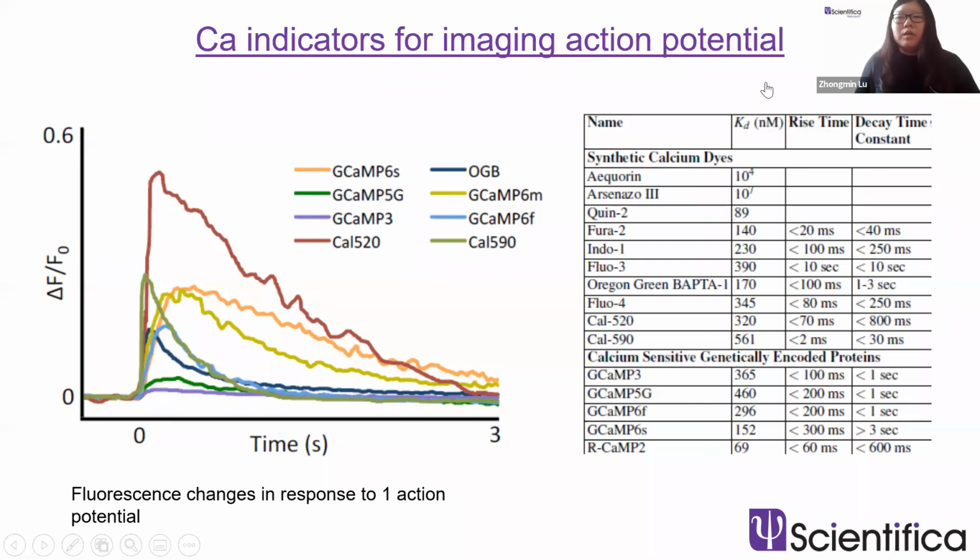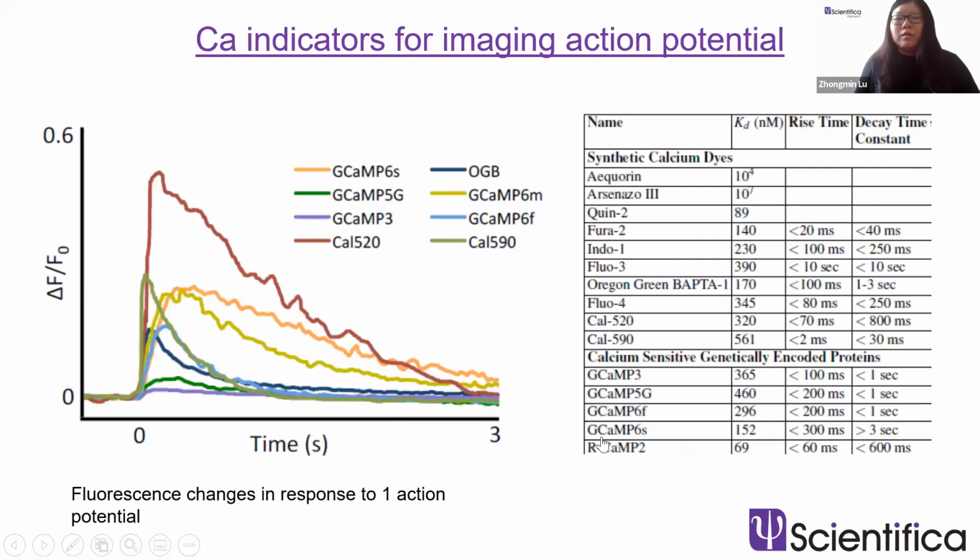And the Kd value shows the dynamic range, which you pretty much determine before you do the experiment, based on what types of cells you are imaging and what kind of neural networks you want to study. Here, I want to talk about the kinetics of these reporters, these indicators.